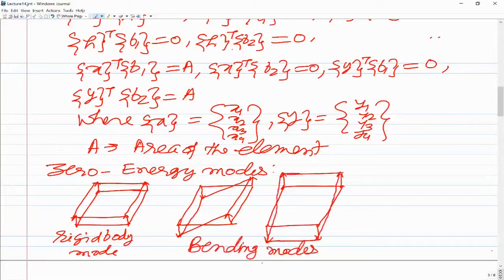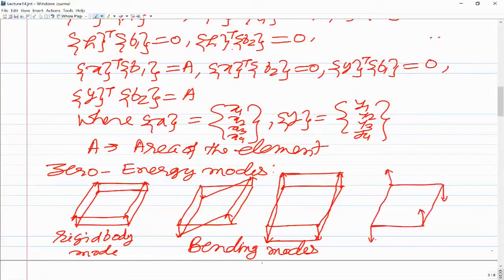And then if you look at one of the hourglass modes, I will just demonstrate only one. This is the original element in the undeformed configuration, and we know in the hourglass mode, at this node let's say w is negative, then at this node w would be positive, again at this node it would be negative, and at this node it would be positive. So alternately it is positive, negative, positive.